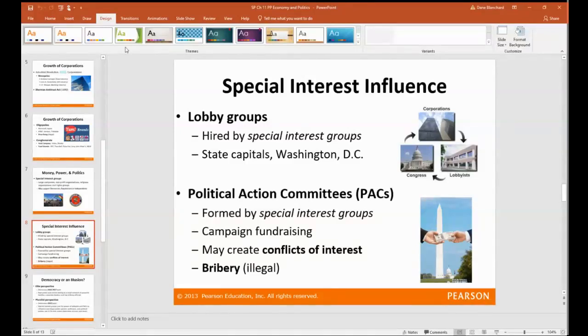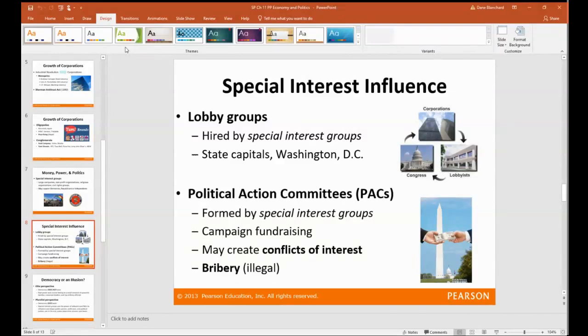But what this can do, this can create what's known as a conflict of interest, where the particular candidate or the representative who's in office, they may have certain beliefs and they may want to vote a certain way, but they also understand that there are special interest groups that are funding their campaign, that it's allowing them to sit there in that seat, that have helped them get where they are.